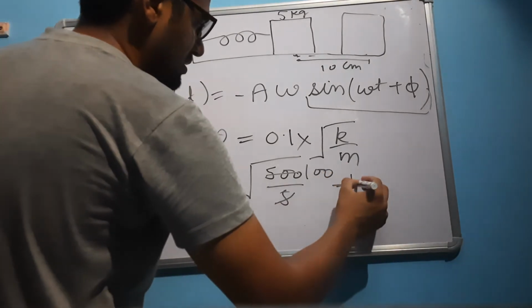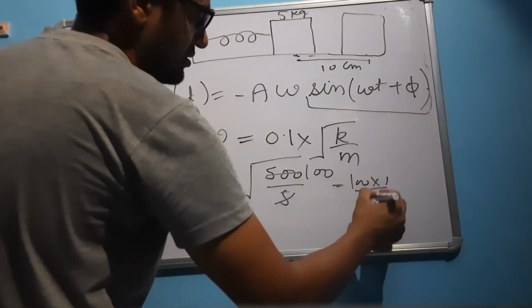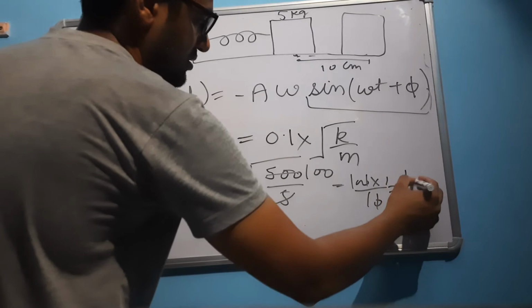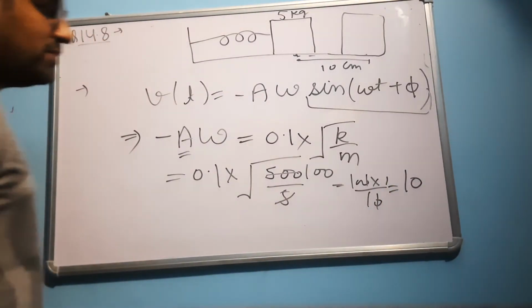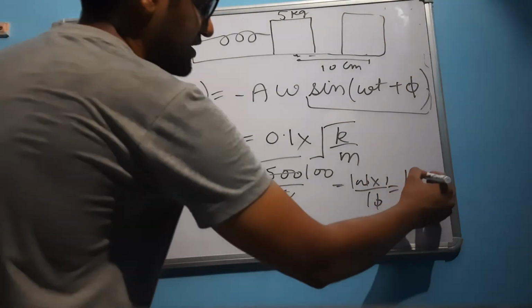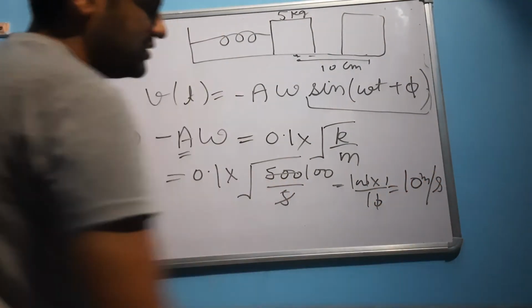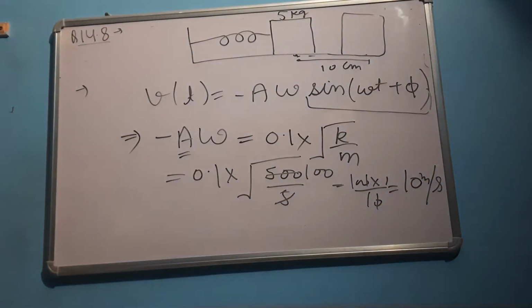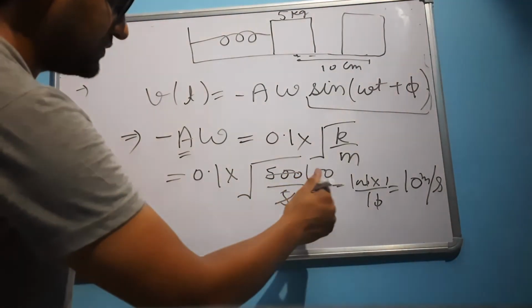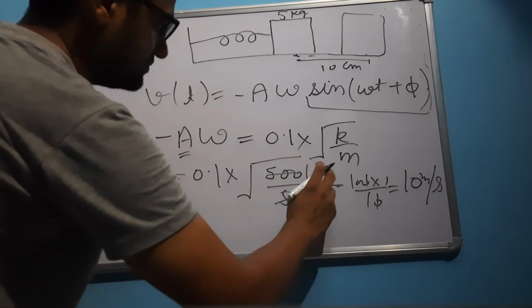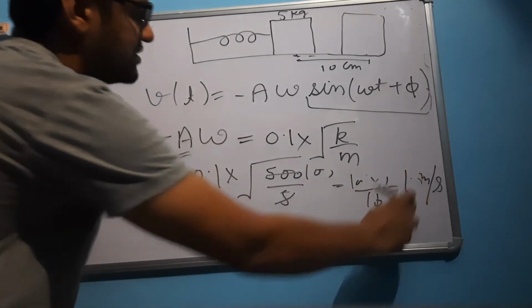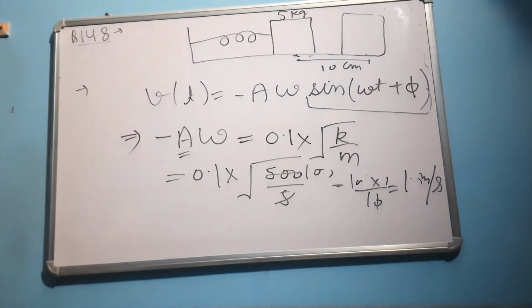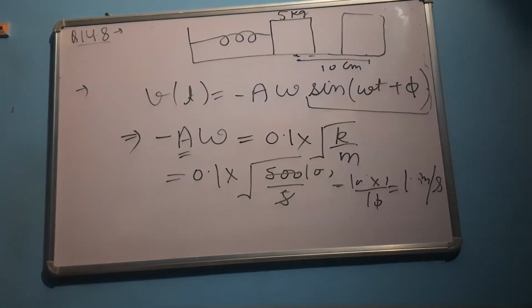So 0.1 into 10. Sorry, so it will be 1 meter per second. The maximum speed will be 1 meter per second.